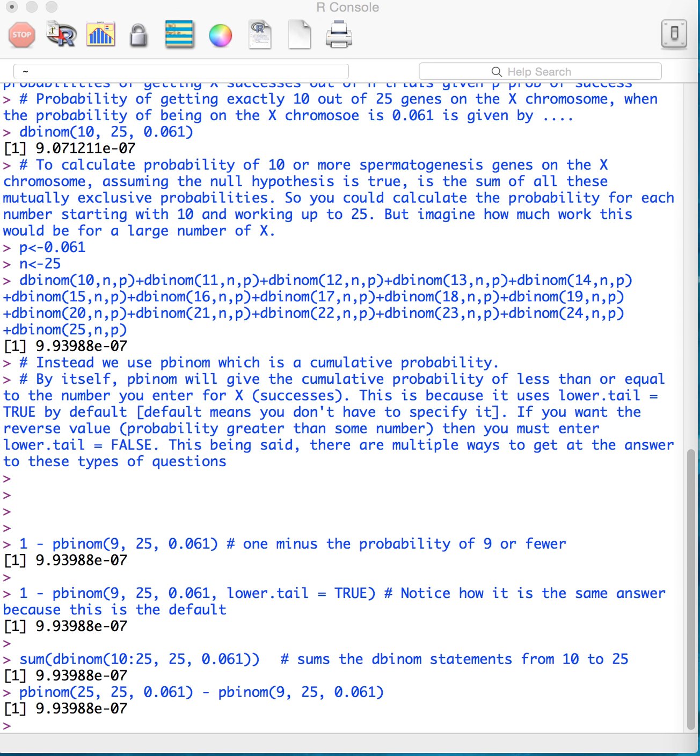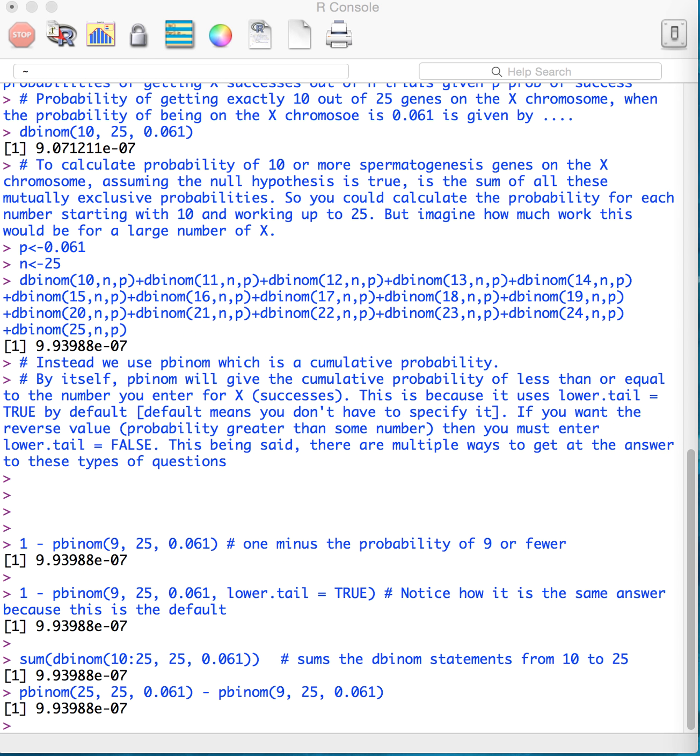And we can also do it like this. I ask you to think for a moment about why this actually works. The reason that this works is that the cumulative probability of getting 25 successes out of 25 total opportunities is going to be 1.